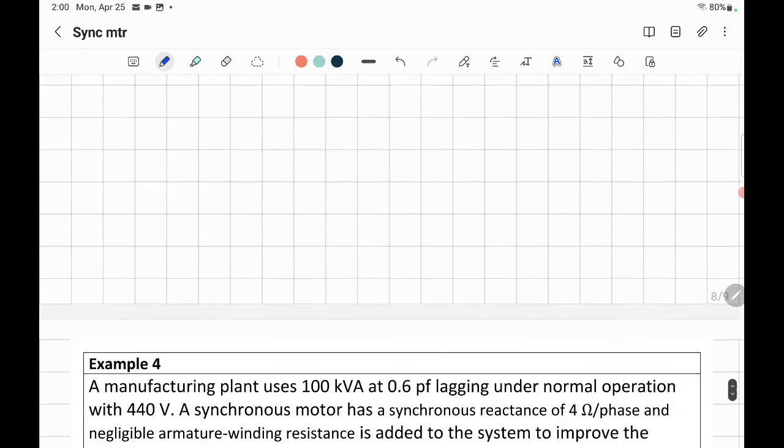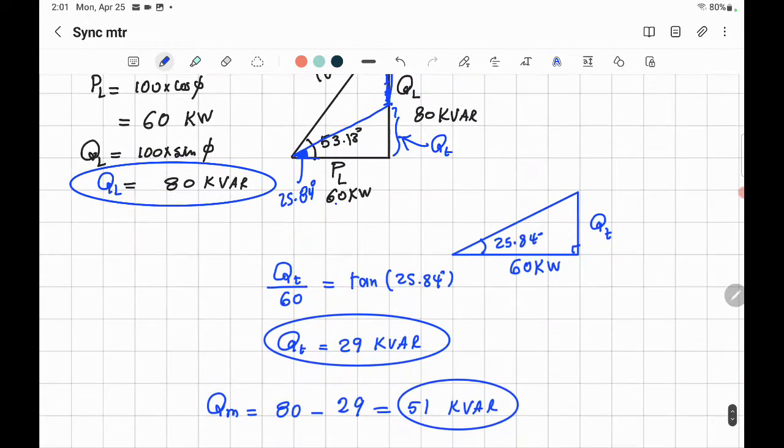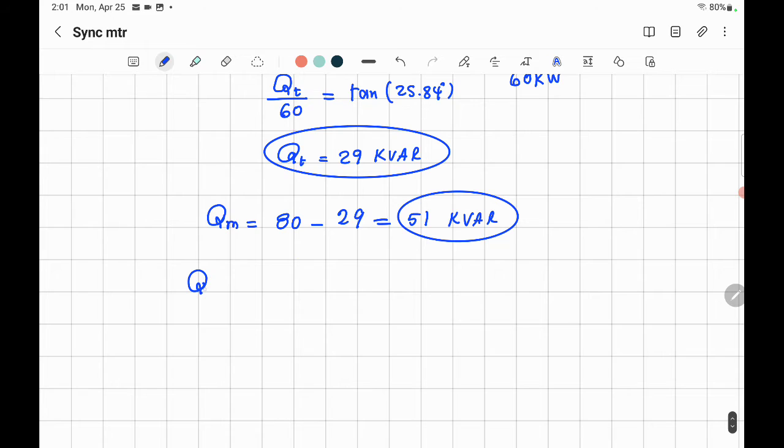So to calculate the reactive power in this case, the reactive power of the motor is equal to 3 times armature voltage magnitude times armature current magnitude times sine phi. In our case, phi is equal to 90 degrees leading, right? So it will be 3 VA, IA, and sine phi will equal 1 because sine 90 is equal to 1. So that should give 51 kVAR.